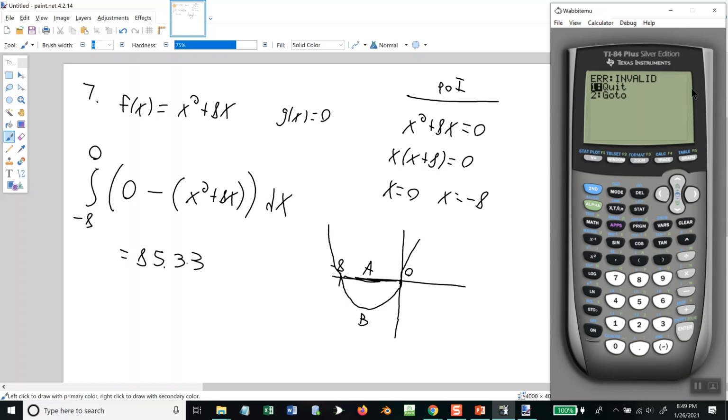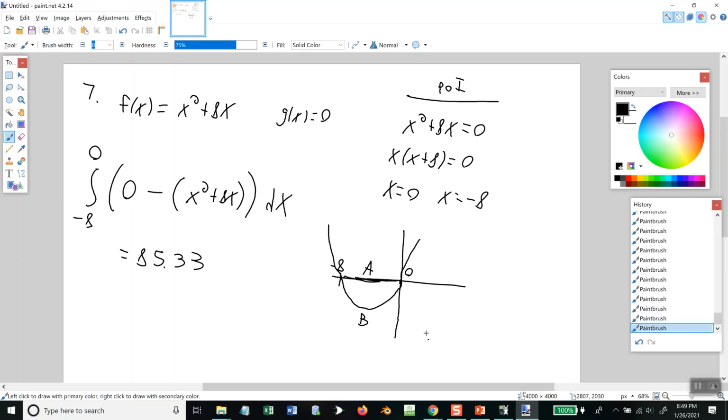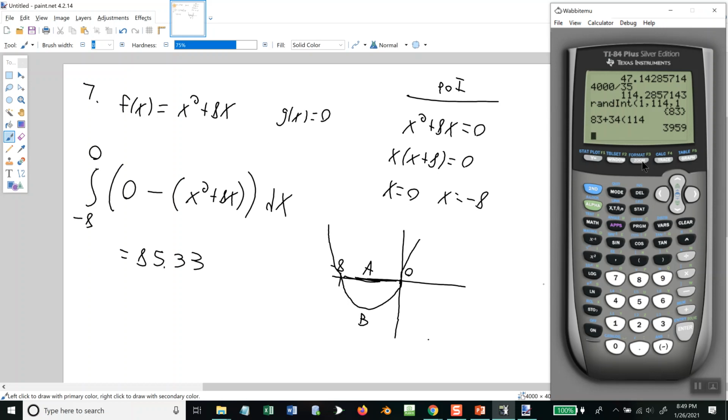Many of these functions that are underneath the trace, whatever you put in there has to be on your display. So you have to zoom out in order to do negative 12. If you've never zoomed out, you press your zoom and you choose the third one, zoom out.